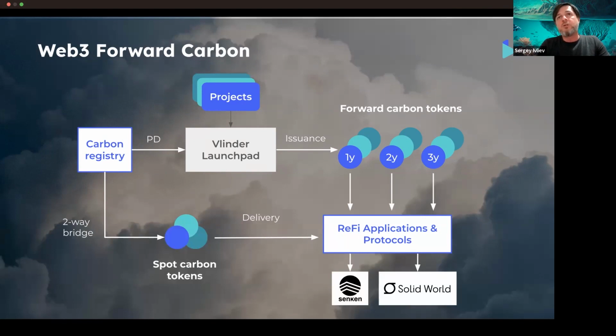Each such forward carbon token is a representation of the future environmental benefit, which will be delivered in a certain year, say 2024, 2025. And once the spot carbon is verified and issued on Vera, there will hopefully be a two-way bridge, which will allow delivering the spot carbon into the forward carbon token, so that the holders of the forwards can swap to the spot and be able to retire and sell it on various apps.